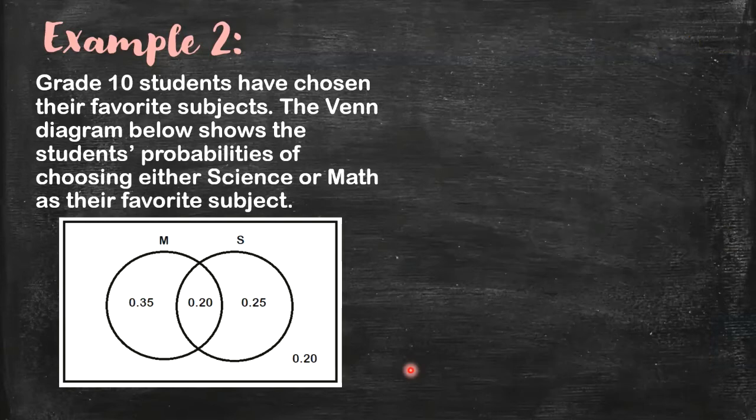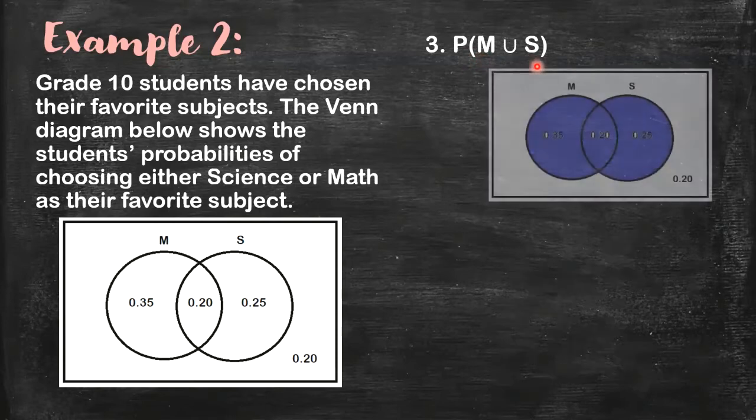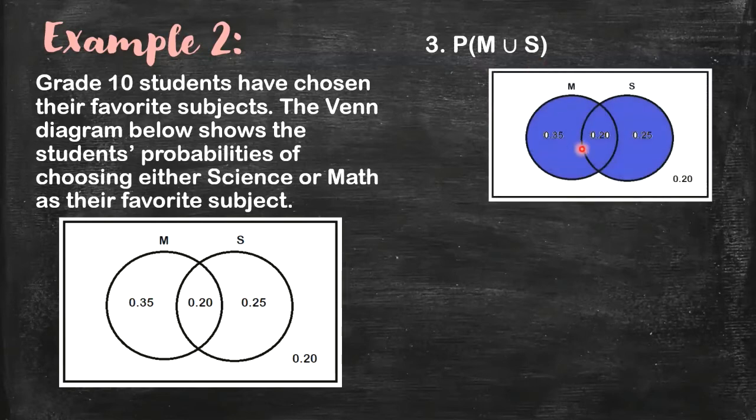Okay? Third question on this Venn diagram. What is the probability of M union S? So this time, we get the probability that a randomly chosen student likes math or science. So how do we do that? Using Venn diagram, ganito siya. Okay?